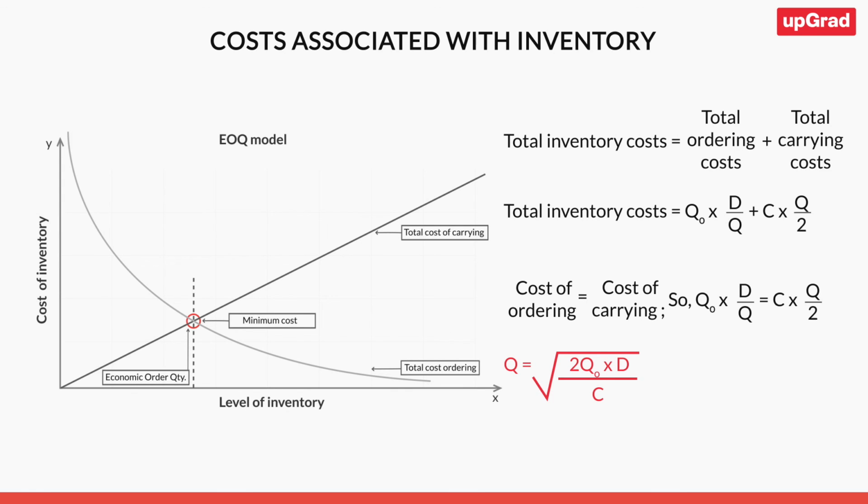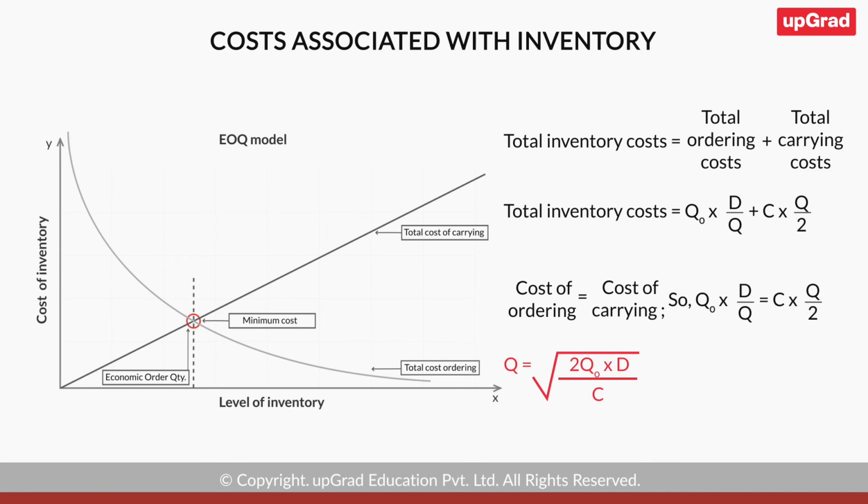This point is known as economic order quantity. Economic order quantity is the optimum quantity of goods to be purchased at one time in order to minimize the annual total cost of ordering and carrying or holding items in inventory.